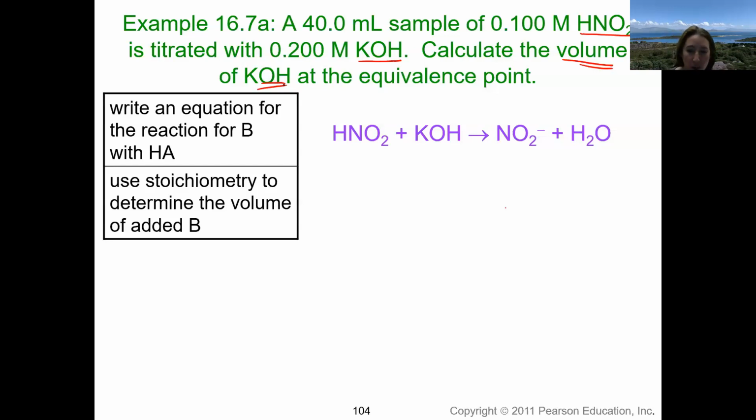So if you have 40 milliliters, which is 40 times 10 to the minus 3 liters, you can literally just do stoichiometry on this one. It's kind of nice. And this is NaOH. No, it's not, it's HNO2.